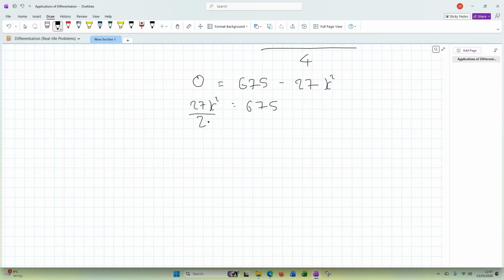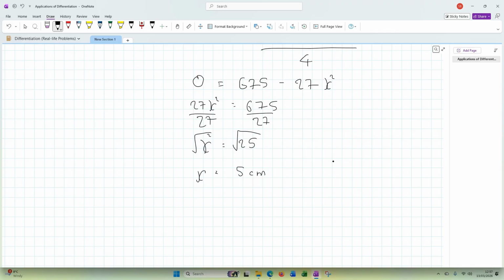Divide both sides by 27. We are left with x squared equals 25, because 675 divided by 27 is 25. Then square root, x equals 5 centimeters. Cool.